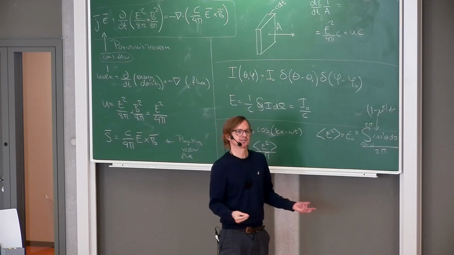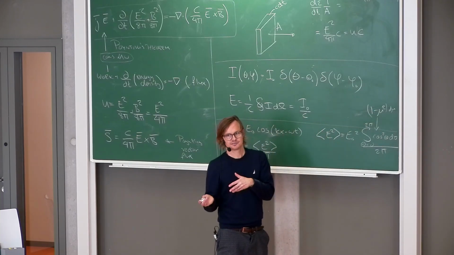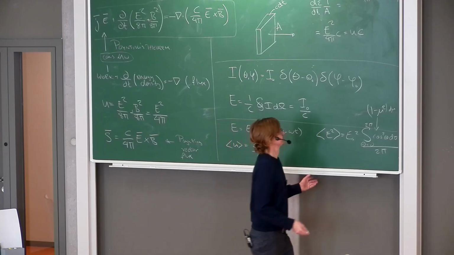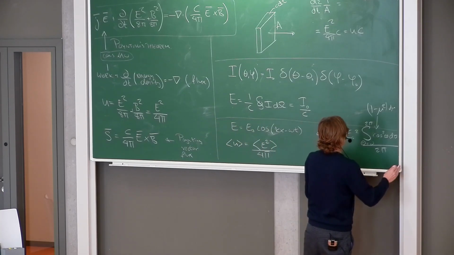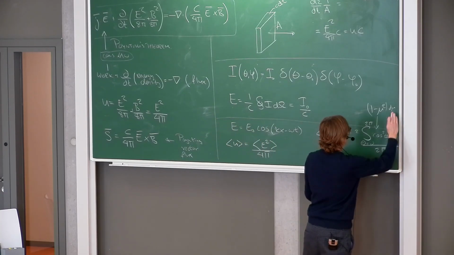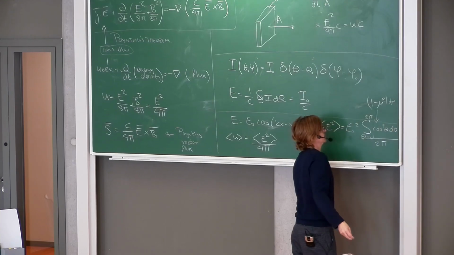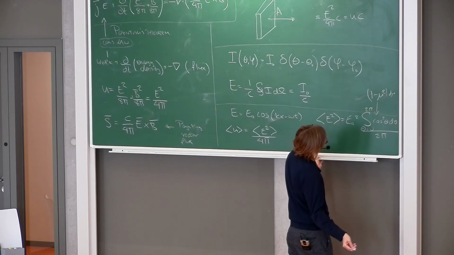That's just mu equals cosine theta, and then you transform it.